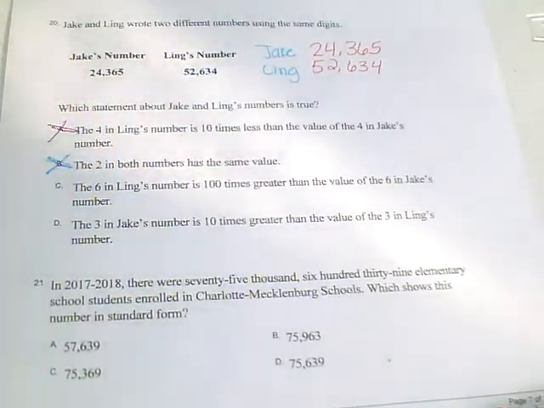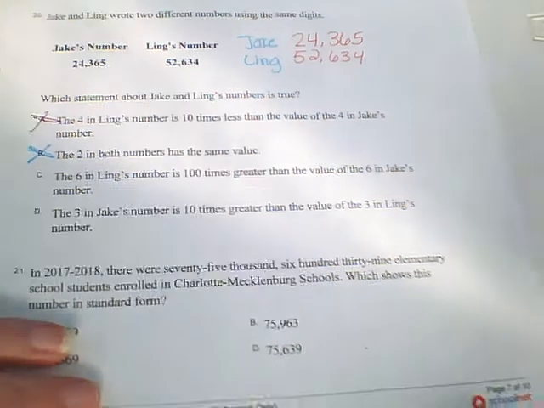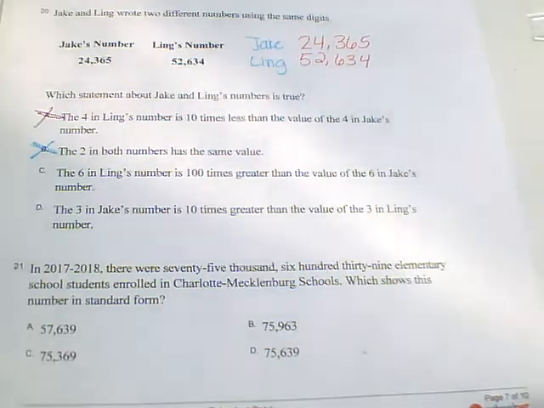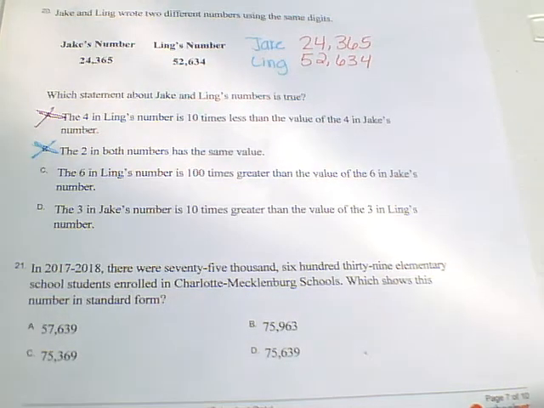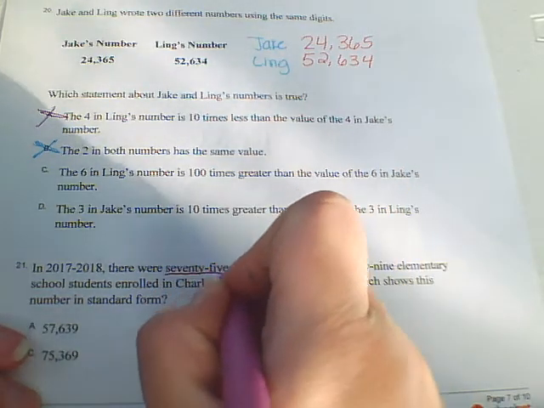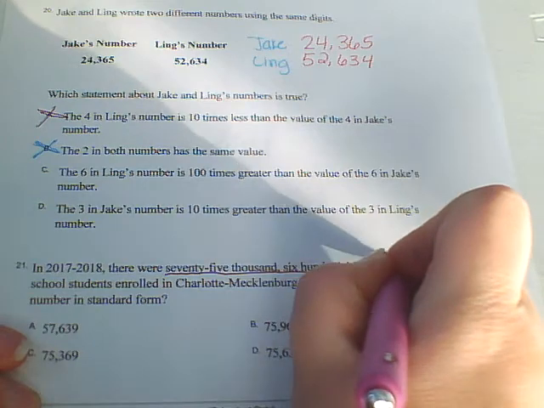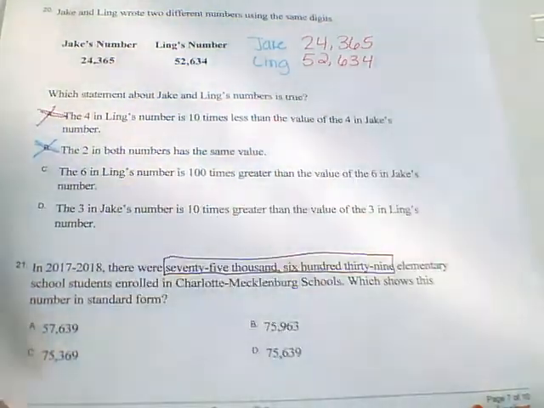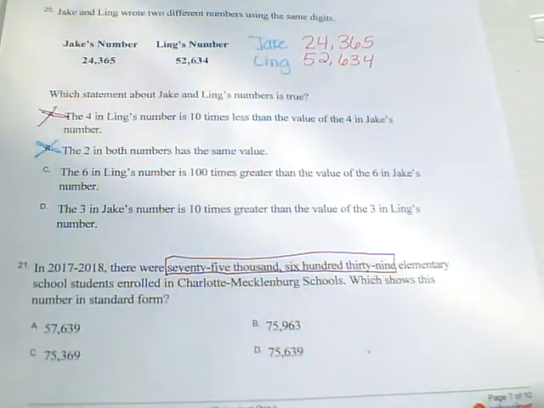Question 21. In 2017 to 2018, there were 75,639 elementary schools enrolled in Charlotte-Mecklenburg schools. Which shows this number in standard form? So what they want you to do is find this number written in standard form somewhere down there.